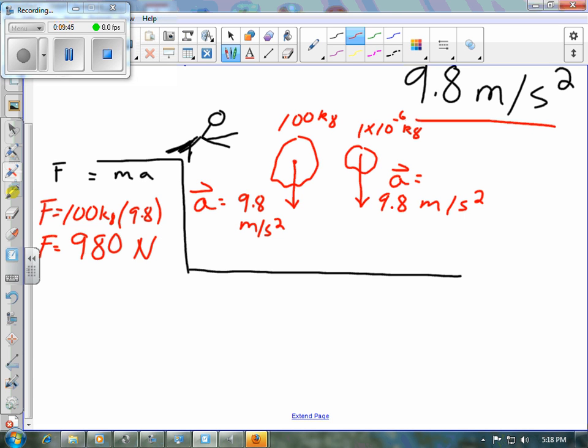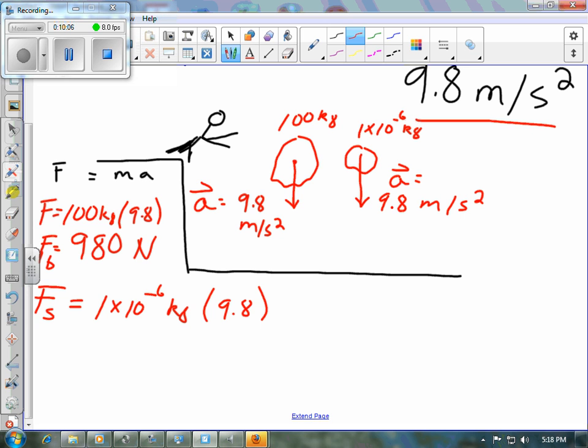Let's do the small rock. So this will be F_B, or force big rock, big force. Force small is the mass, 1 times 10 to the negative 6 kilograms, times the acceleration due to gravity.